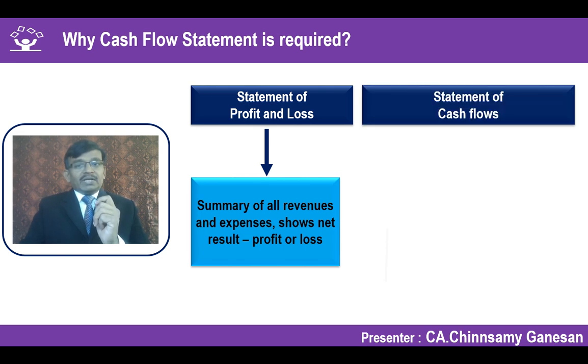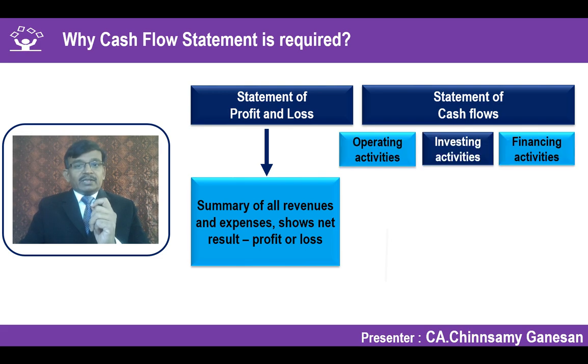However, when we take the case of a statement of cash flows, the cash flows generated by the entity in the operating activities, in the investing activities, and in the financing activities are shown as separate parts of the statement of cash flows. That means independently, the cash flows generated from operating activities, investing activities, and financing activities are shown as part of the statement of cash flows.